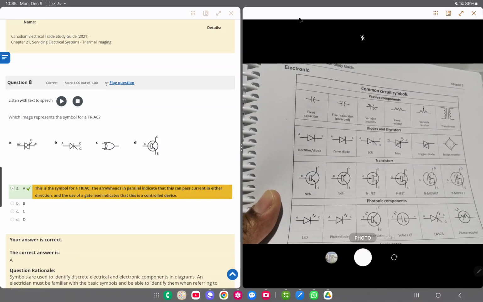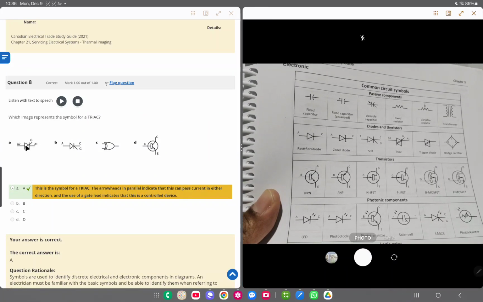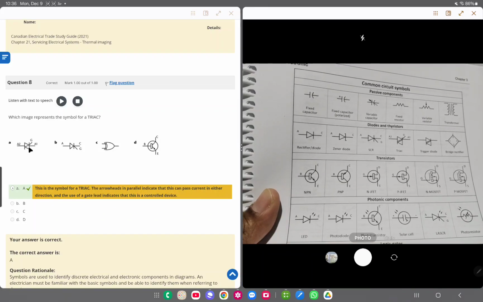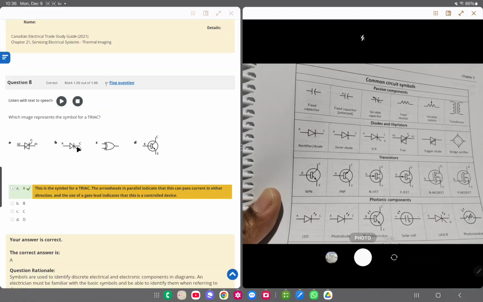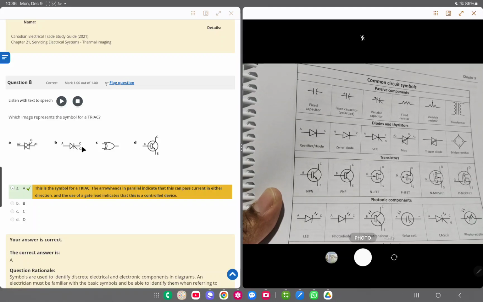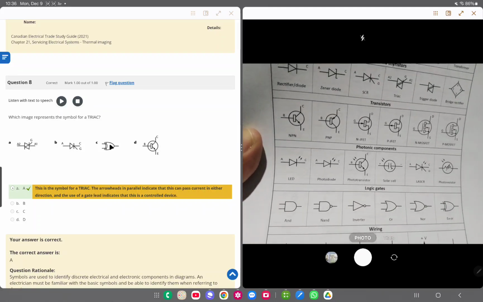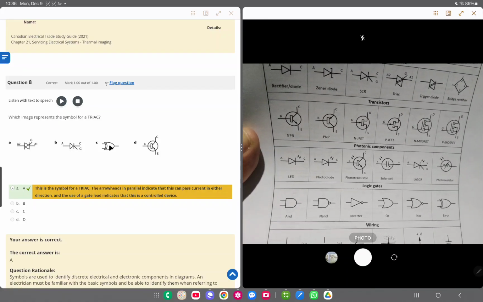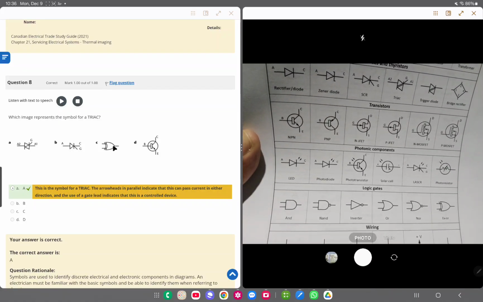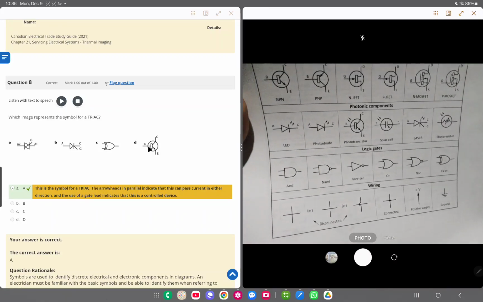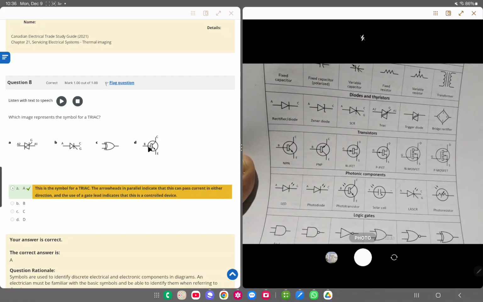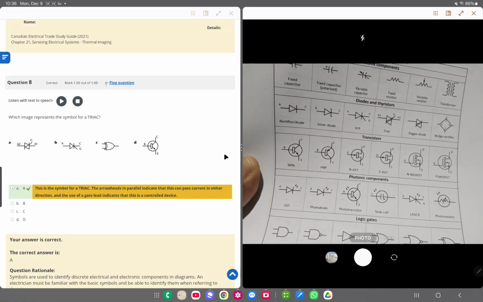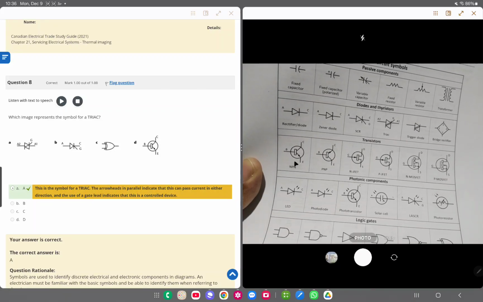Okay, so here A would be a triac, B would be a SCR, C would be a XOR, and D would be a NPN, right?